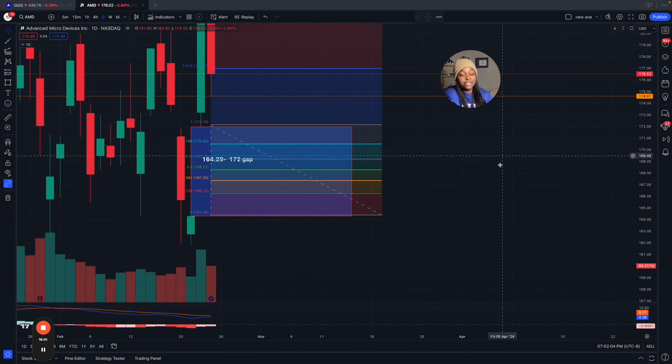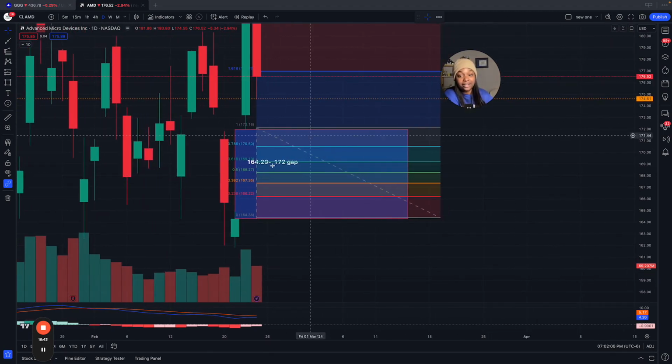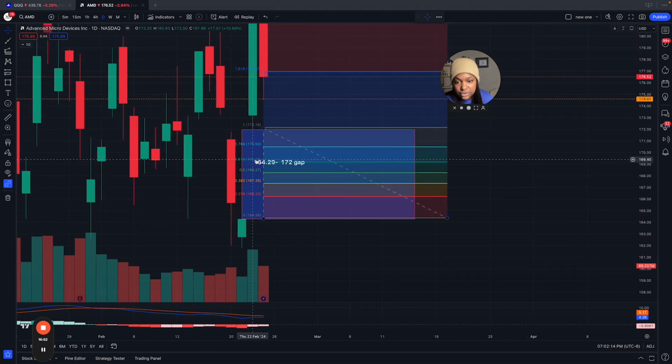Fibonacci levels are basically where price is most likely to pull back, but the 0.382, 0.5, and 0.618 is where it's most likely to pull back. So we got these same levels: 169.19, 168.27, 167.35. We might as well put the 170 right there too.